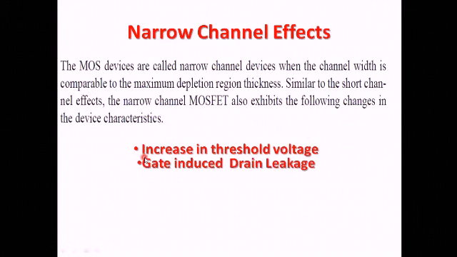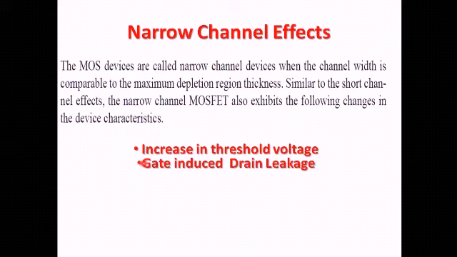These are the two phenomena of the narrow channel effects. First is the increase in threshold voltage, and second is the gate induced drain leakage current, also known as GIDL in short.